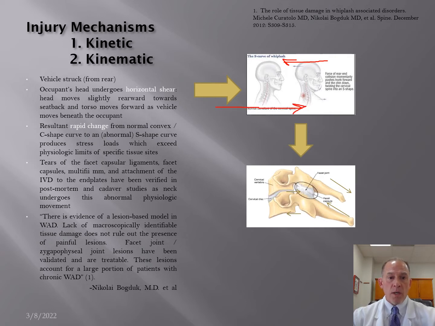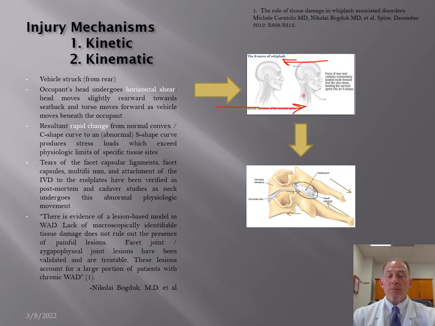And so this head moves slightly rearward towards the seat back, and the torso moves forward as the vehicle moves beneath the occupant. The resultant rapid change from normal convex C shape in the cervical spine to an abnormal S-shaped curve produces stress loads which exceed physiologic limits of specific tissue sites. We are yet to reveal those, but we will shortly.